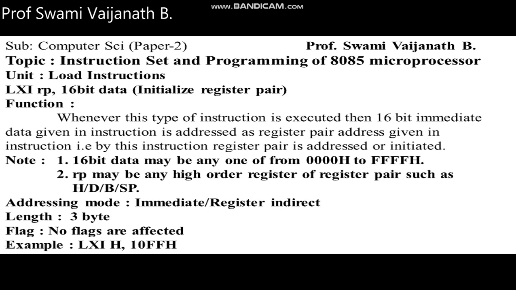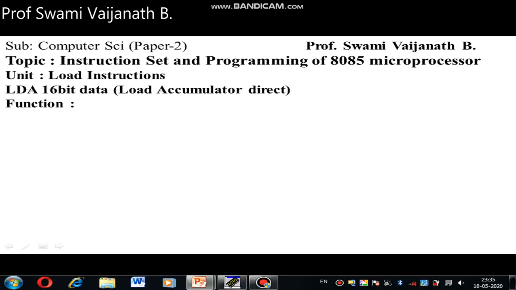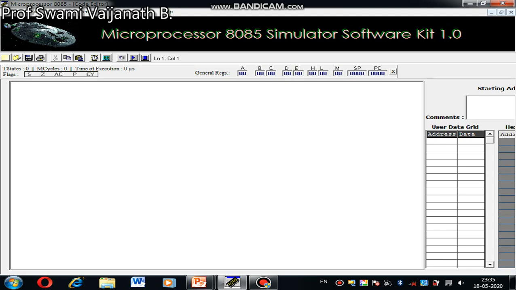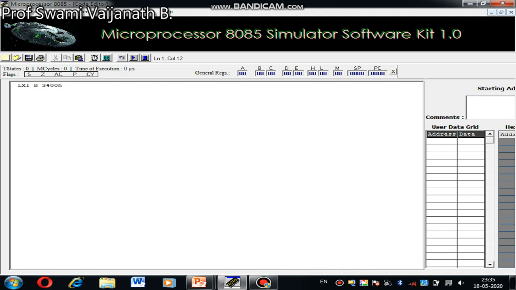Then I will explain this concept practically. Suppose the instruction LXI B, 3400H is given. Then what happens? The address of the BC register pair is 3400H.